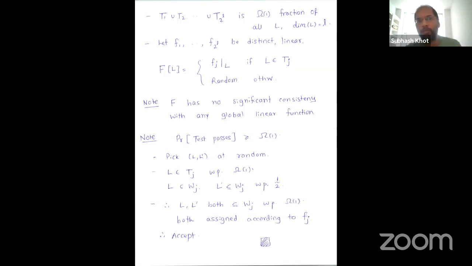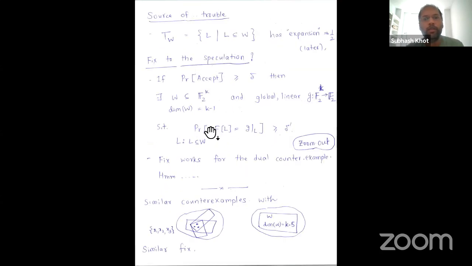I do have a global linear function which explains that piece, which is the function f sub 1 that I used. So here is a proposed way of getting around this counterexample: if we allow ourselves to focus on spaces contained inside W for some W, then we propose that there is necessarily a global linear function with some constant delta prime consistency.